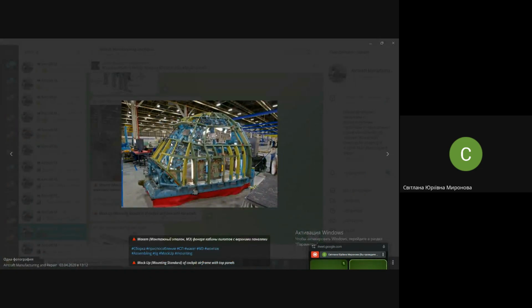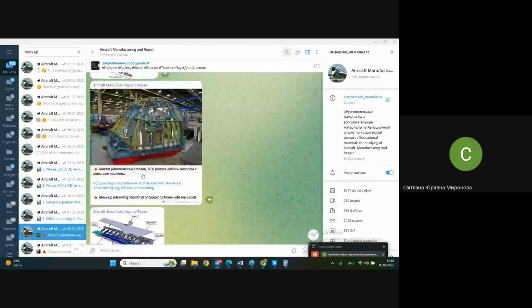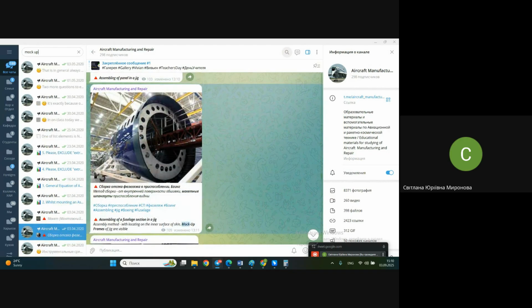That is the nose fuselage. It's the mock-up mounting standard of the nose fuselage that is used in mounting the jig, for instance. This weird thing is actually an assembly jig.